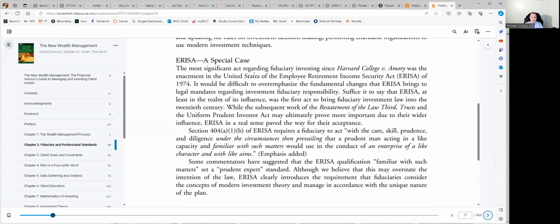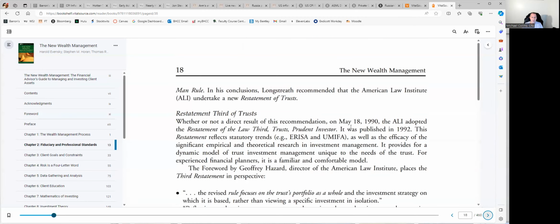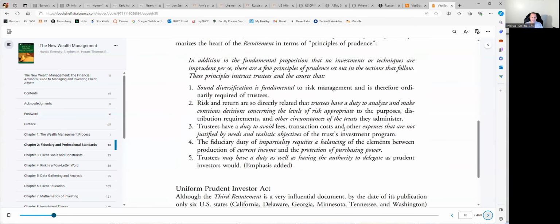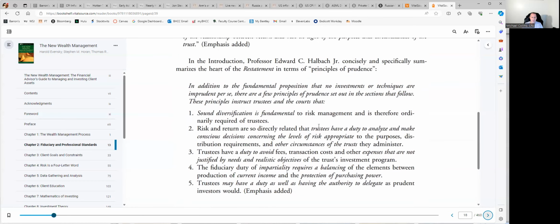Be familiar with the term ERISA and what that brought. Be familiar with the heart of the restatement in terms of principles of prudence.